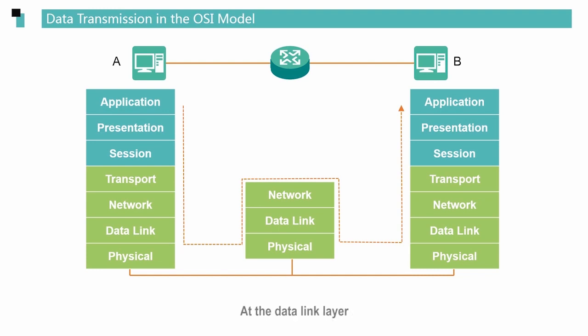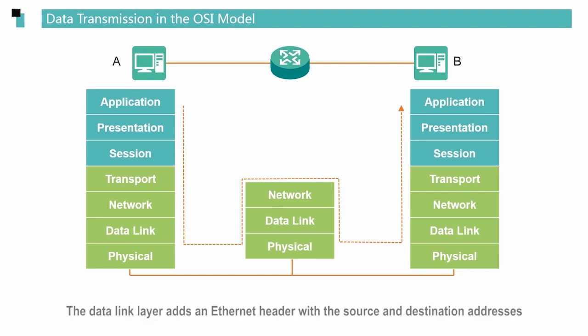At the data link layer, the upper layer data is again encapsulated. PCA and the router are connected through a network cable and use Ethernet as a media. The data link layer adds an Ethernet header with the source and destination addresses. The source is the MAC address of PCA's network interface card.